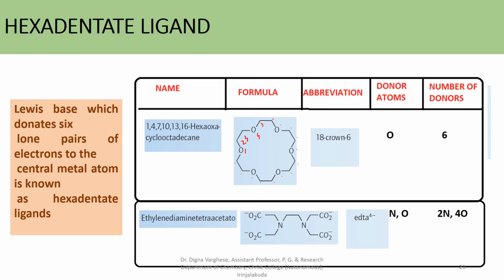So the total number of atoms is 18. Then it is just like a crown, so it is written as crown, and 6 is the number of oxygen atoms. These 6 oxygen atoms coordinate to the metal atom, so it is a hexadentate ligand.